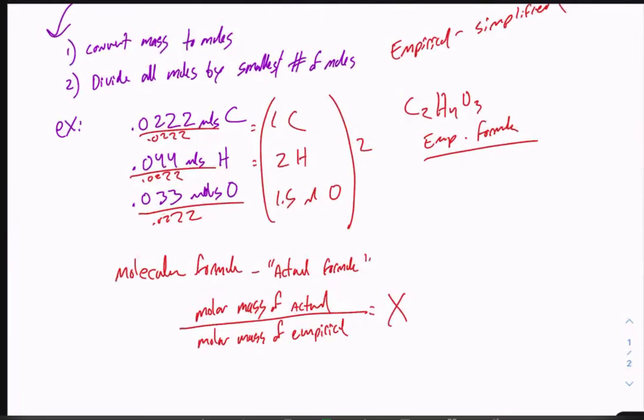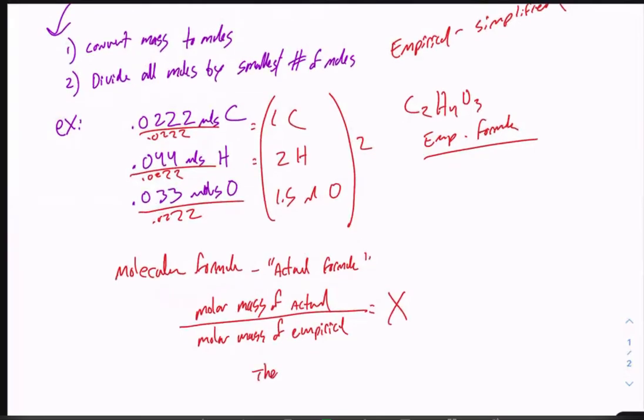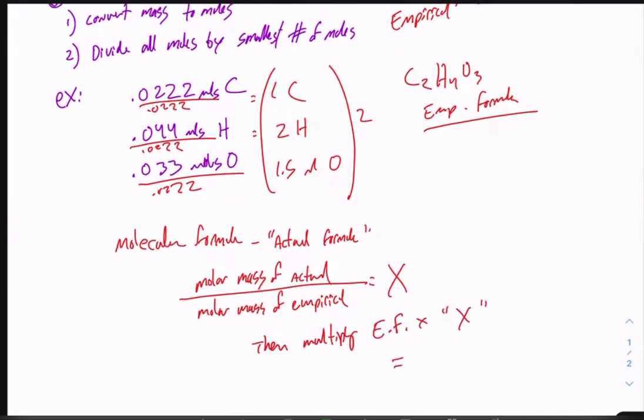Then all you have to do is multiply the empirical formula by x, and that equals the molecular formula. So for example, let me just add this real quick and then we'll do it.